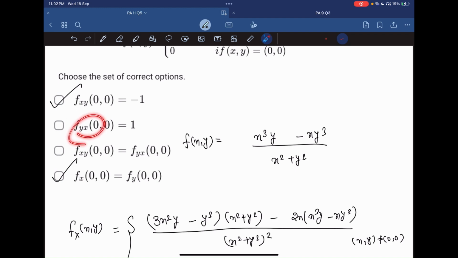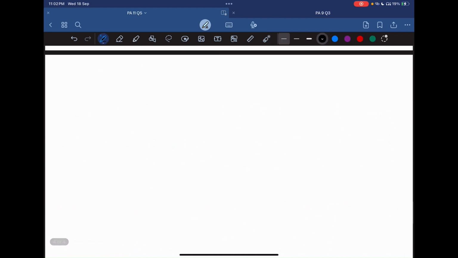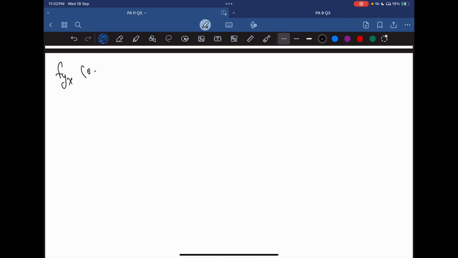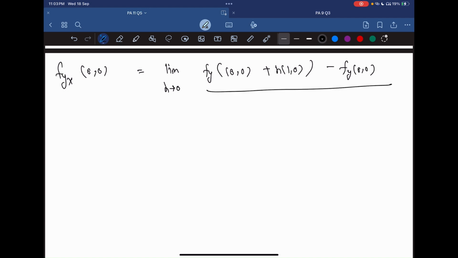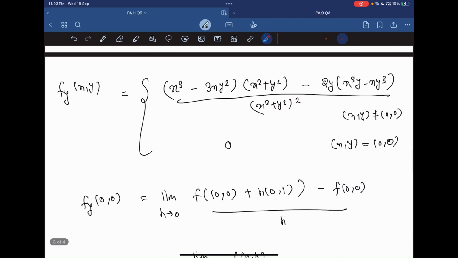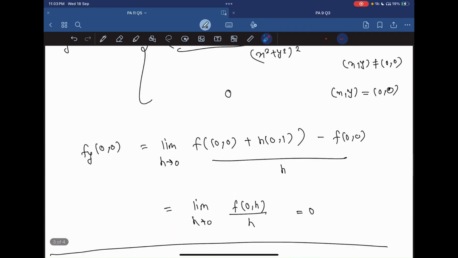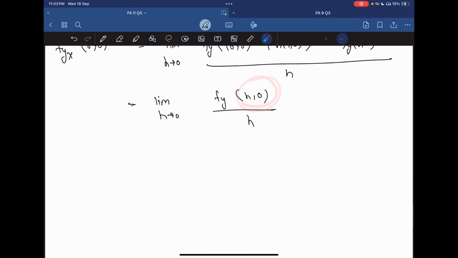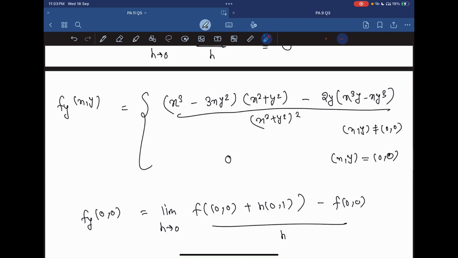Similarly, we will find fyx. It is limit h tends to 0 of fy(h, 0) divided by h, because fy at the point (0, 0) is 0. Now here what we want to find is at the point (h, 0). So the y value is 0 and the x value is h.